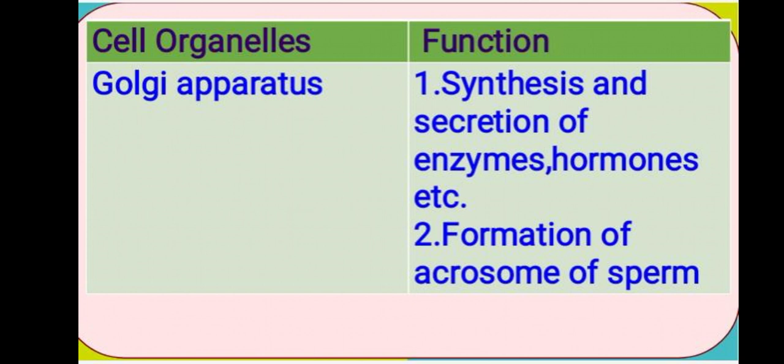Let's see the function of Golgi apparatus. Golgi apparatus is involved in synthesis and secretion of enzymes, hormones, etc. Formation of acrosome of sperm also takes place with the help of Golgi apparatus.